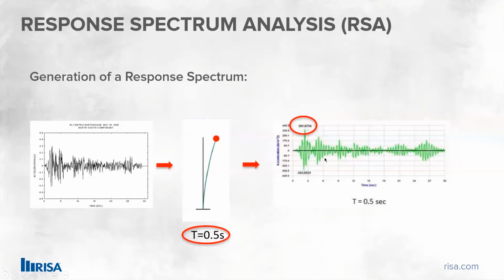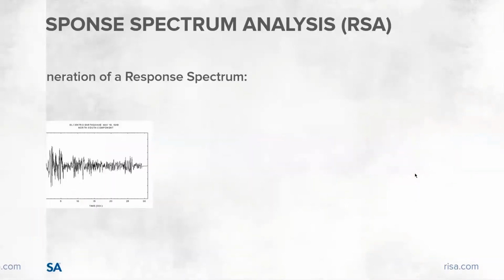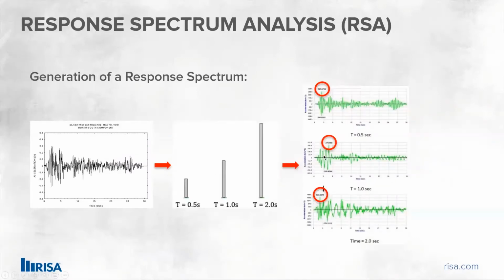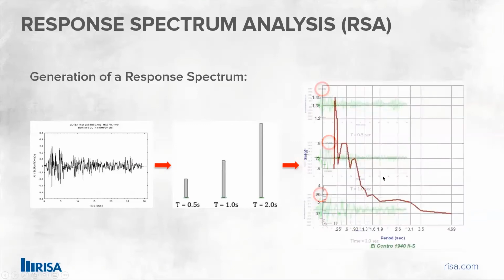Then we get a response for this system and capture the maximum response. We have these 2 values, T equal to 0.5 and a maximum response, and using them we get 1 point on the spectrum. Then we can repeat this for different periods and get different responses, and then plot the whole spectrum.